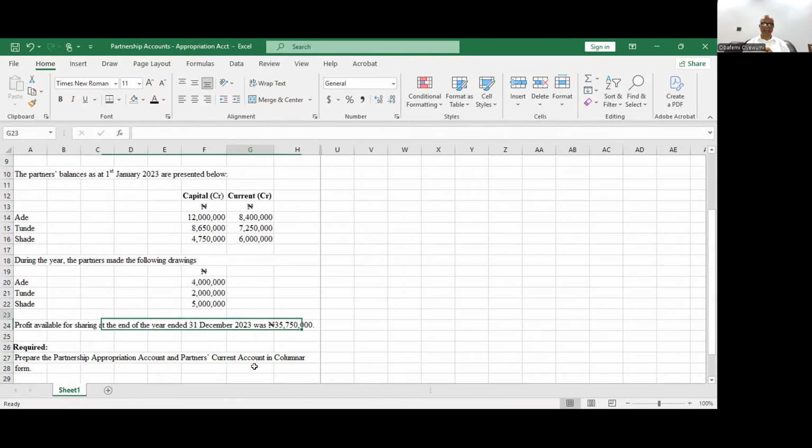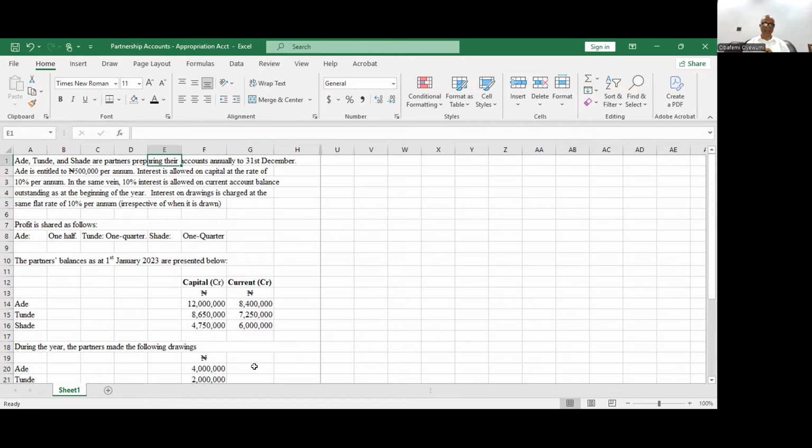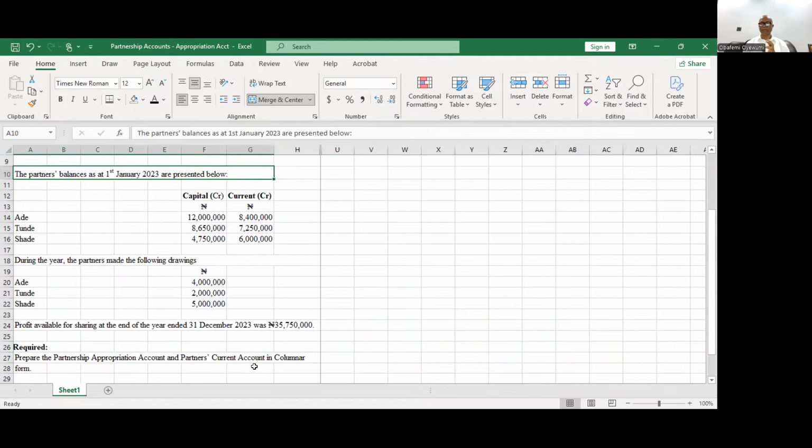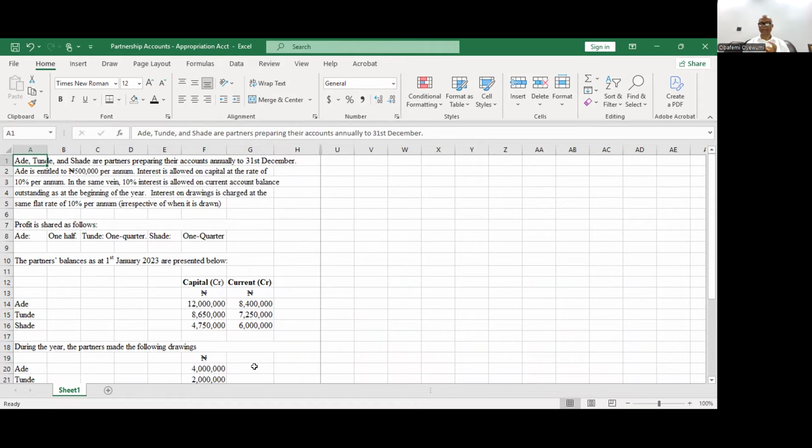So this is what we have. That's the question. Take your time to go through the salient points one after the other to be able to understand. Three persons engage in the partnership: Ade, Tunde, and Shade. The terms are given to us.